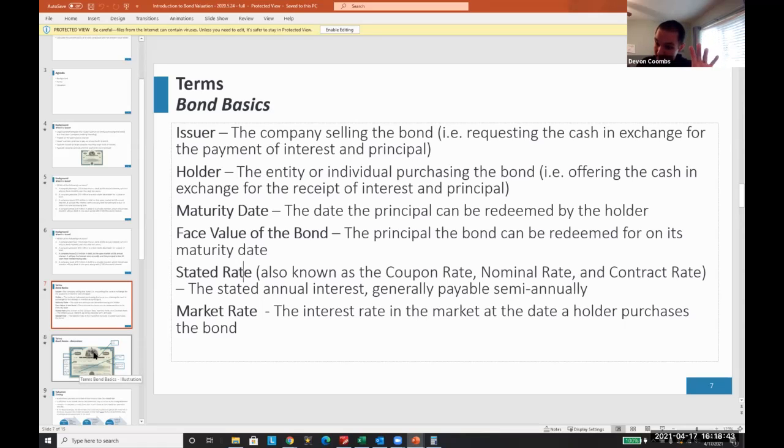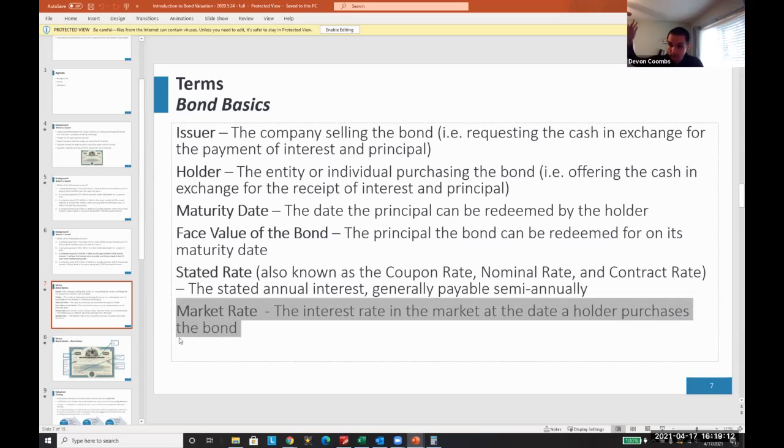The market rate might be different than that, which could change the valuations. The stated rate, coupon rate, nominal rate, and contract rate all mean the same thing. This is what's written on the bond. Both the face value and the stated rate are on the face of the bond. It's going to get confusing, so I really want that to be clear. The bond's a contract, so that's what's on the contract.